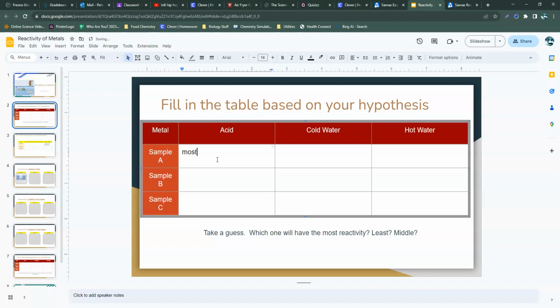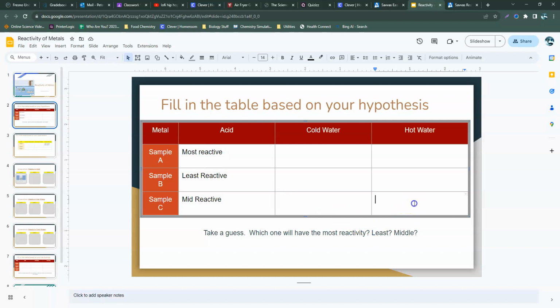So I'll put most reactive, least, mid reactive. And then I want to do that for cold water and hot water, so I'll just do that. I'll spread them out, so instead of typing them, I can copy and paste.